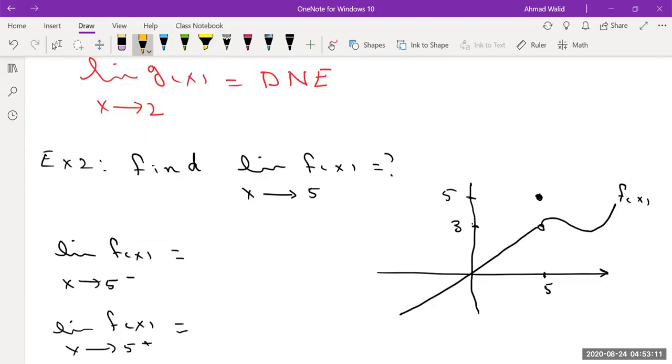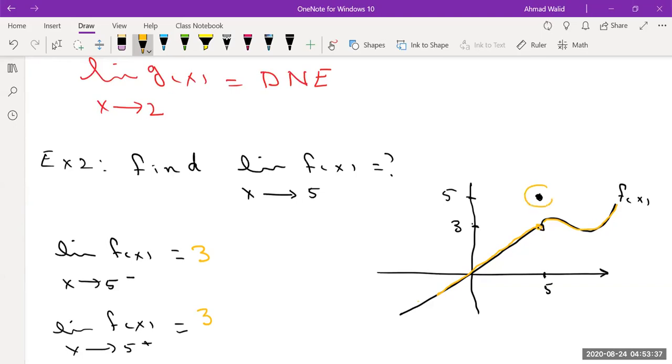First, when x approaches 5 from the left, look at my cursor, the yellow line. I'm approaching 5. How much is the value of this point? 3. When you are approaching from the right to 5, how much is my value again? 3.